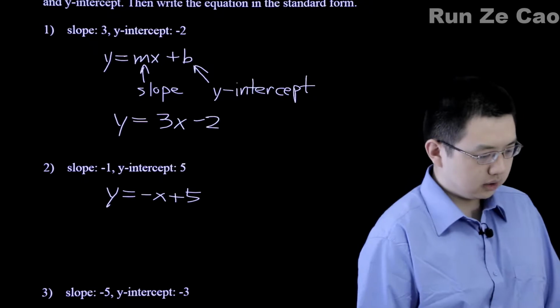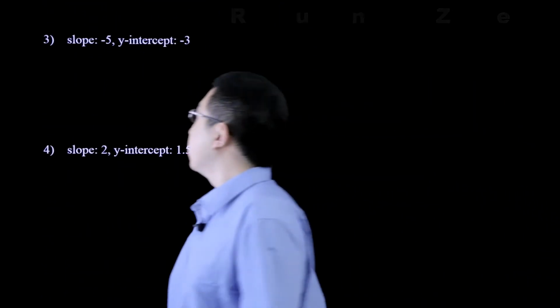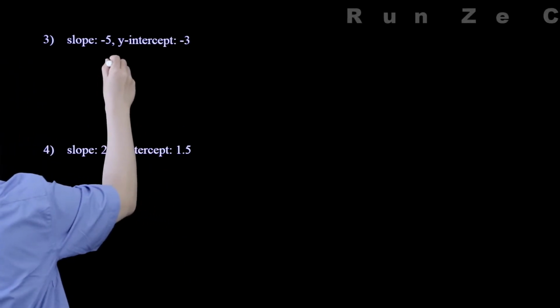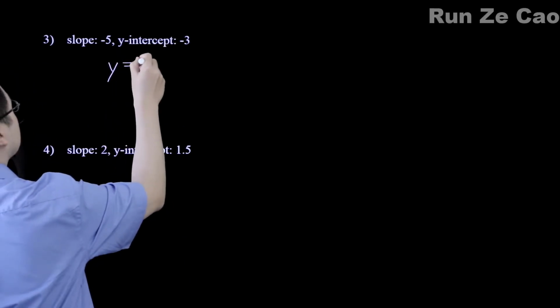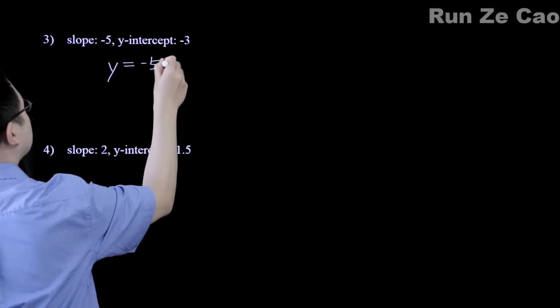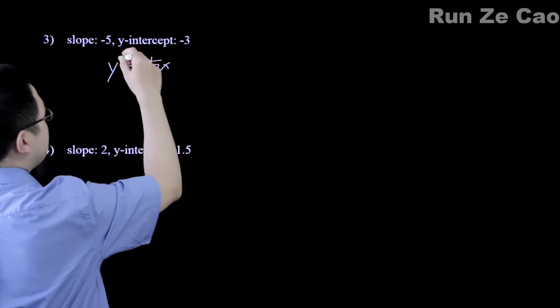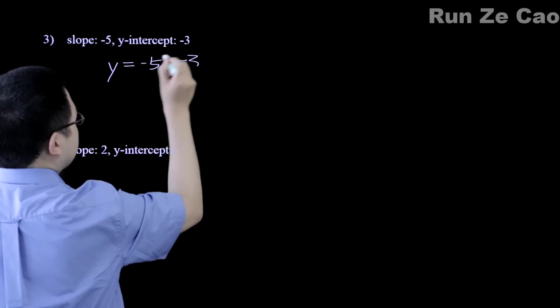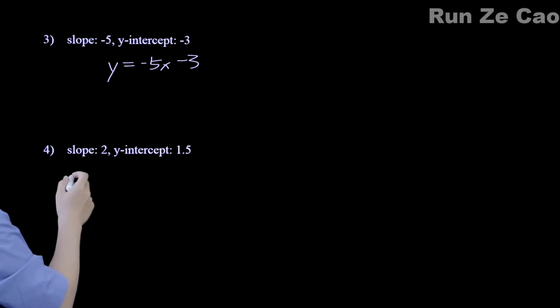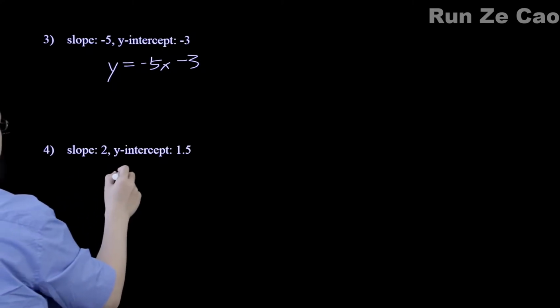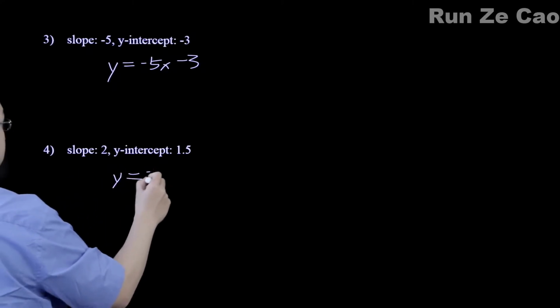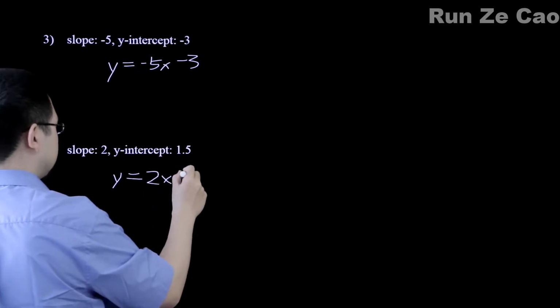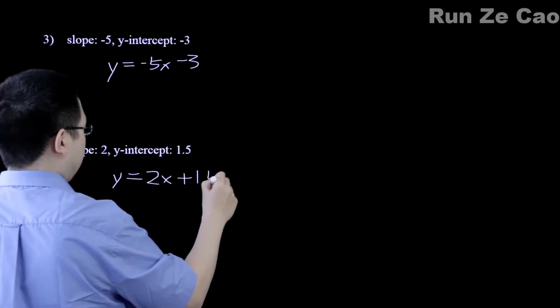Now, slope negative 5 and y-intercept negative 3 would be y equals slope multiplied by x, and then plus y-intercept, which is minus 3 here. So here we have y equals 2x plus 1.5.